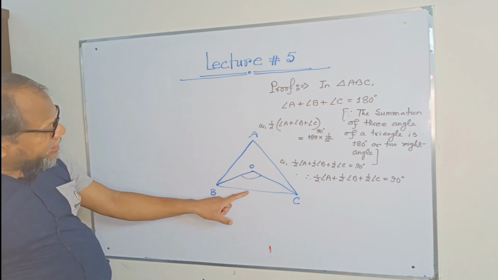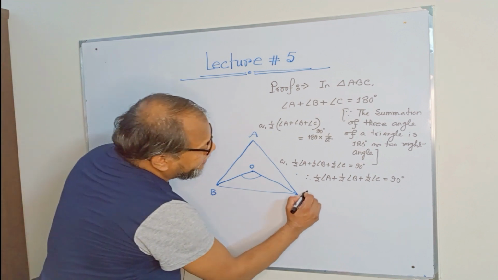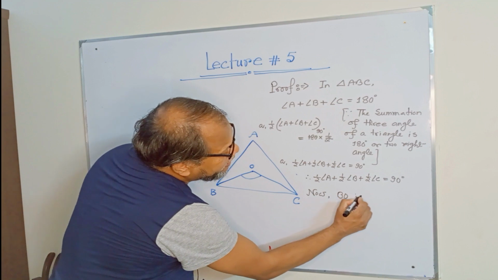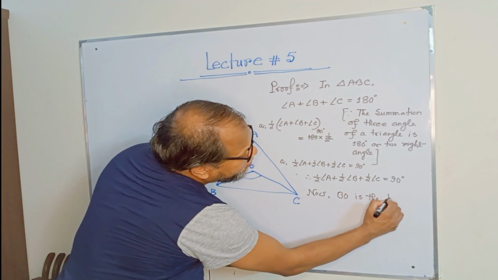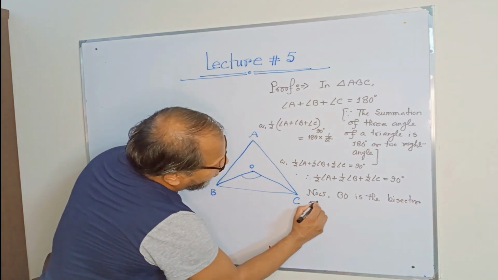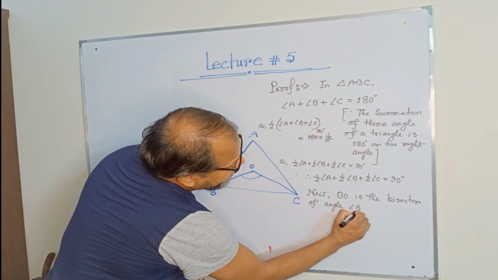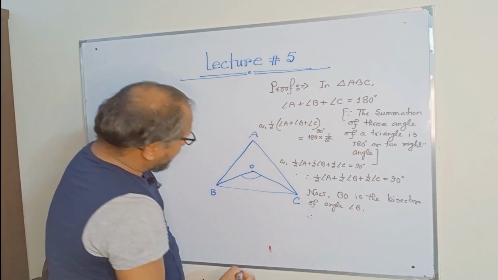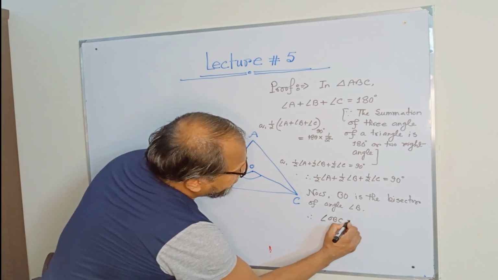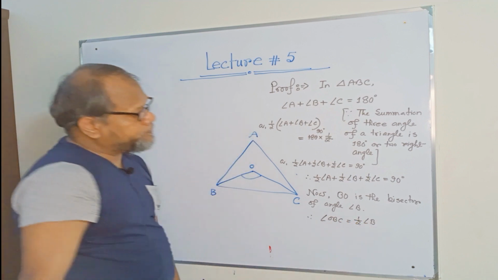So, OBC is half of angle B. Now, BO is the bisector of angle B. So, angle OBC is equal to half of angle B.